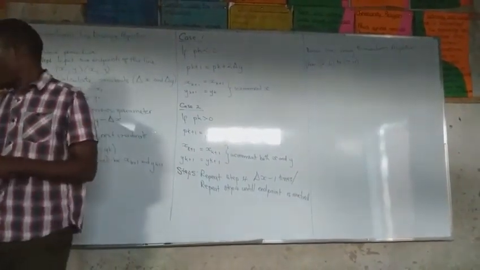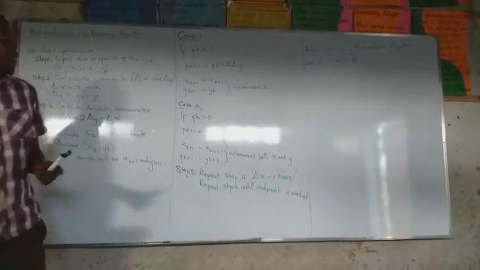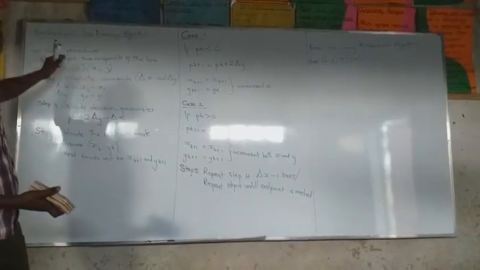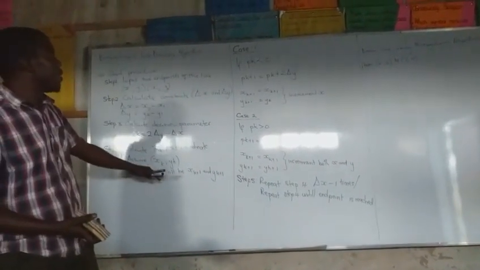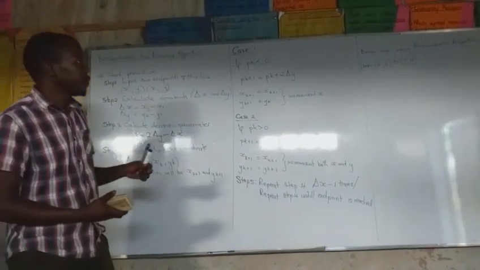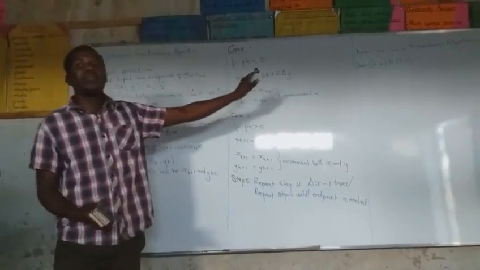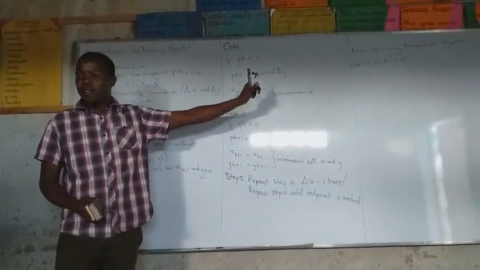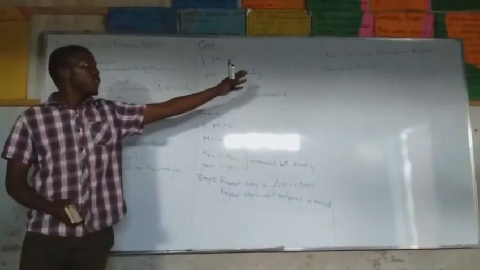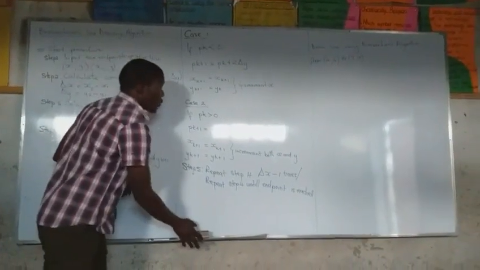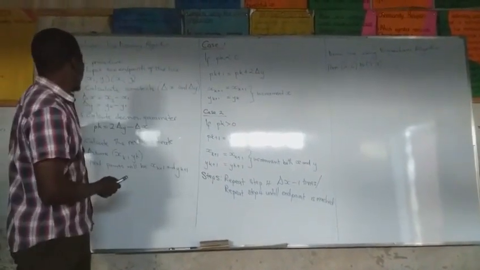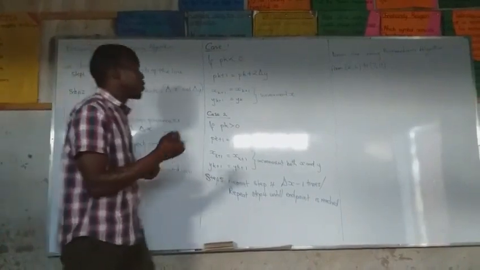So from the algorithm procedure, now we want to show how to calculate this problem using Bresenham's algorithm. We said from step 1, input the coordinates.